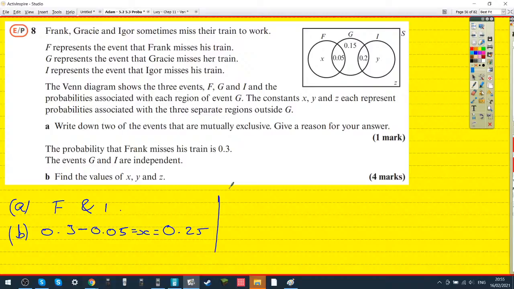It would be 0.4. Yeah, this is 0.2. You were doing 0.02. Oh, right, yeah. Okay, so G is 0.4.